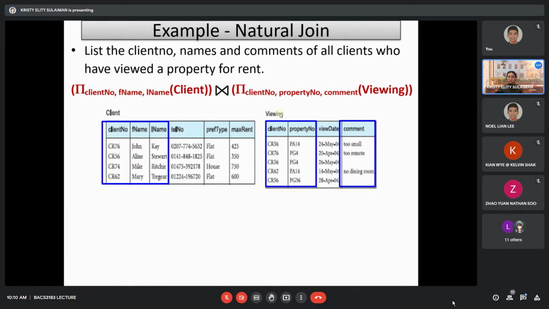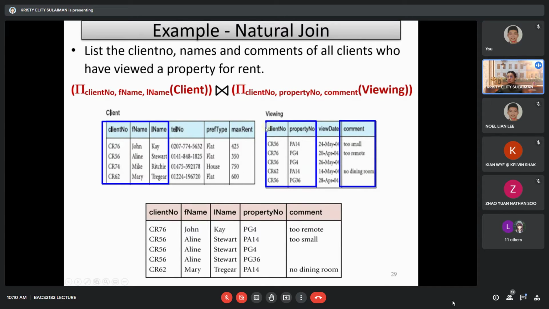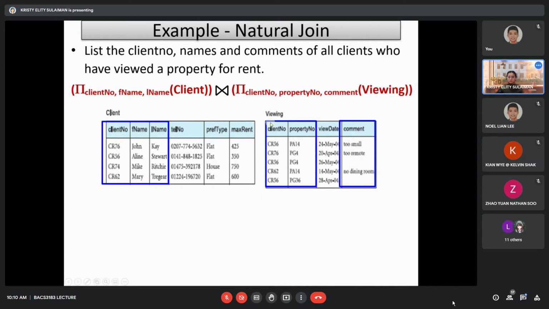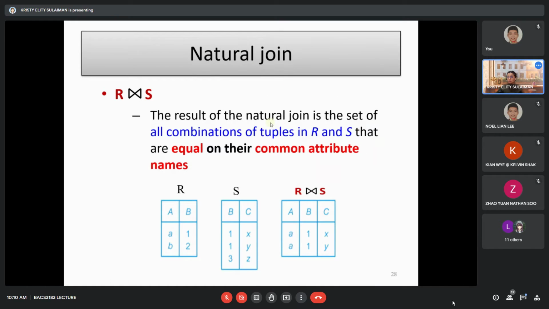From this natural join, you query the attributes that have the same attribute names in client and viewing.